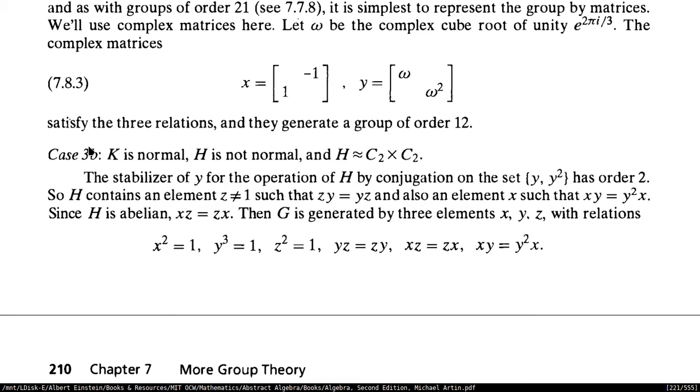I mean, they clearly satisfy the relations. What do we get when we square x? Minus 1, minus 1 on the main diagonal. So x to the fourth equals 1, y cubed equals 1, because omega is a complex cube root of unity. And it's just matrix multiplication to see whether xy equals y squared x.